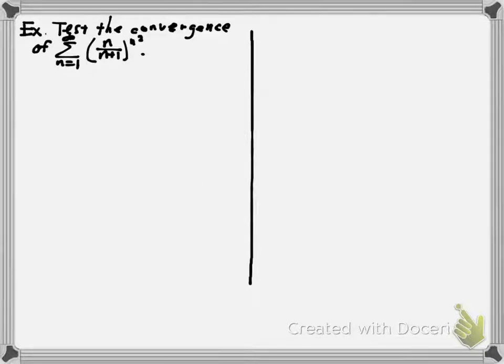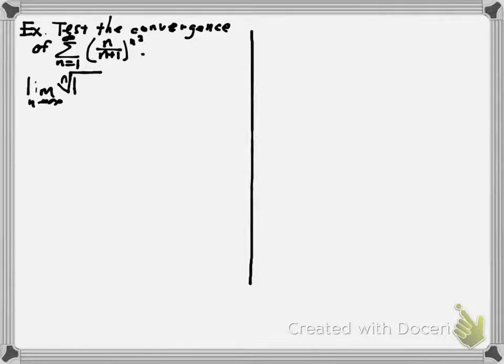Okay, so this example given here is a little bit different than the previous two. Basically, this quantity is now being raised to the n squared. But we can still use the root test. So to use the root test, we want to consider the limit as n goes to infinity of the nth root of our a sub n in absolute value.